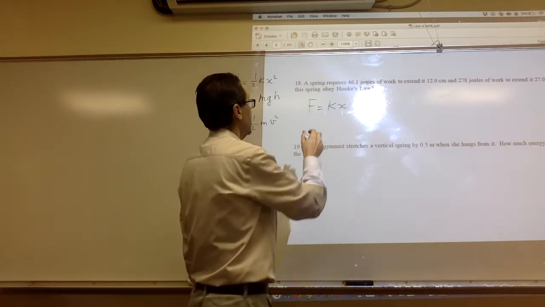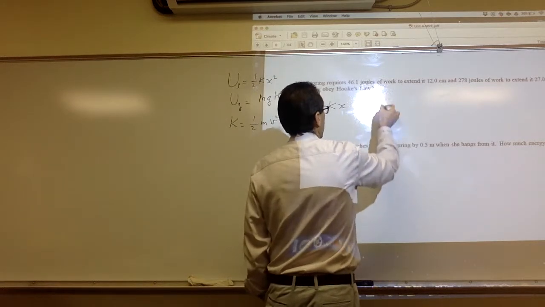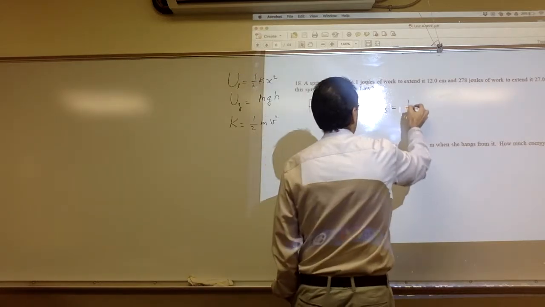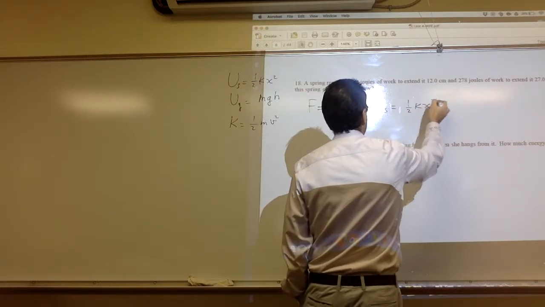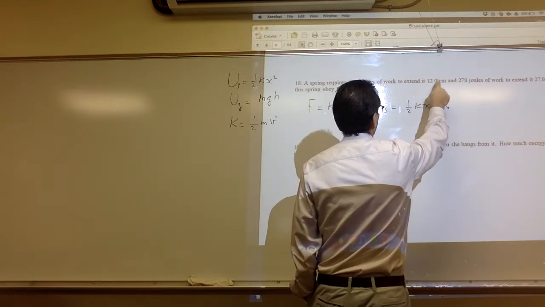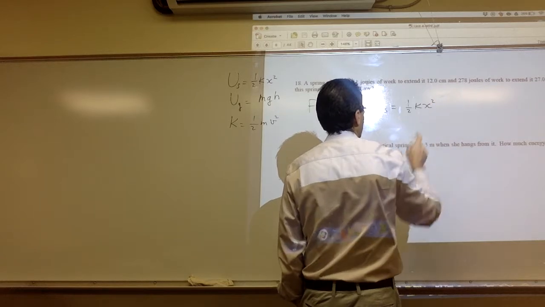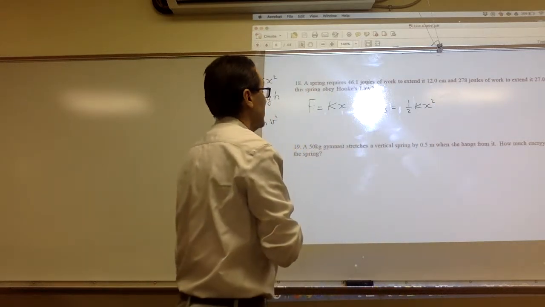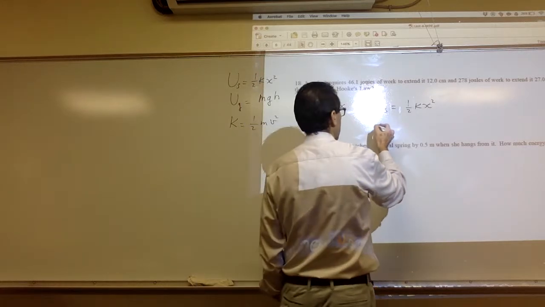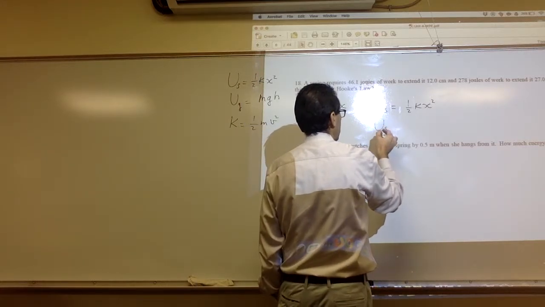So in order for it to obey Hooke's law, the K has to remain constant. So basically, we have to find the US, and that's 1/2 kx squared. So I think we should find the K when it stretches 12 centimeters, find the K when it stretches 27 centimeters, and just compare the two, which is the same thing as finding this ratio here.